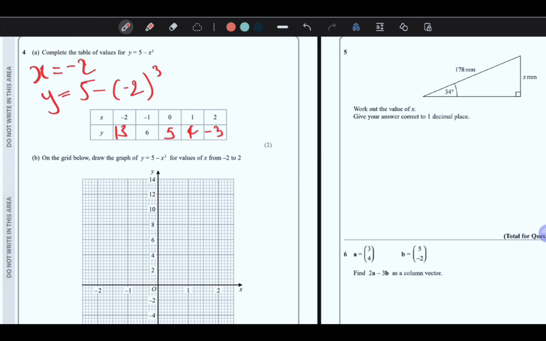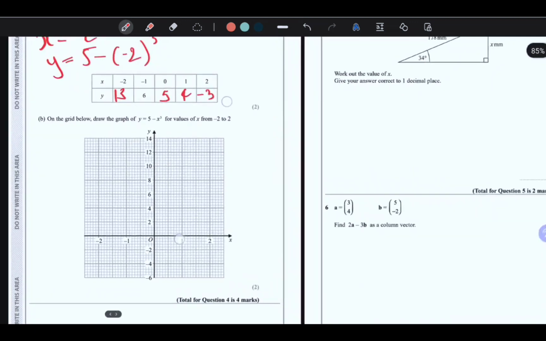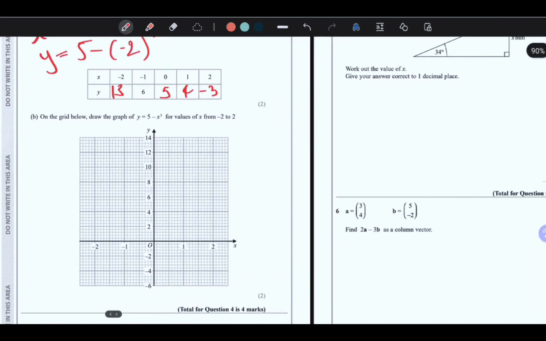On the grid below, draw the graph of y equal to 5 minus x cubed for values of x from -2 to 2. Okay, so just going to zoom on this here. You're going to have -2 matching to 13. So it's going to be somewhere in the middle. You're going to have -1 matching to 6.